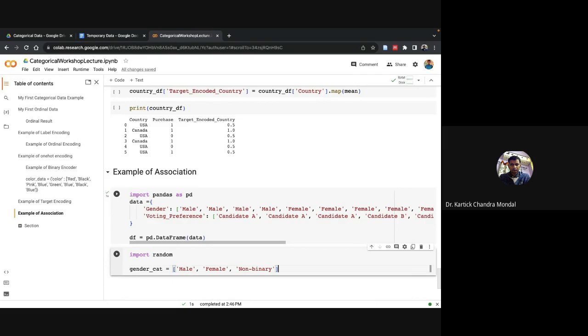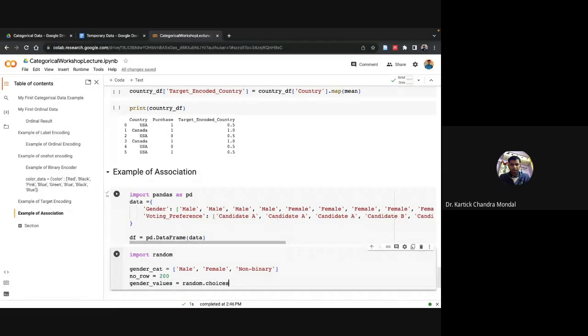So three categories, and I want to generate, say for example, 200 rows. Then gender values is equal to random dot choices.